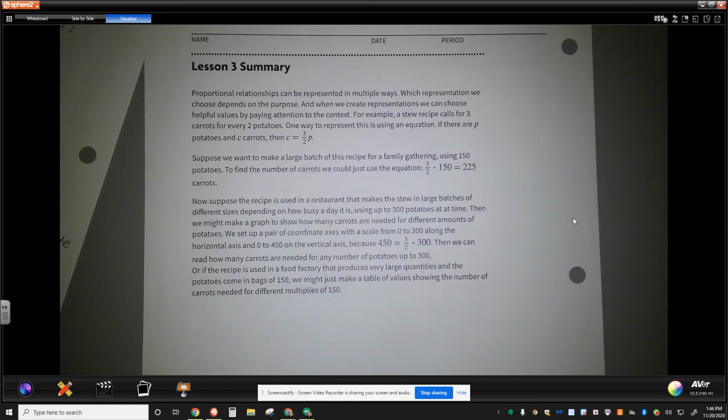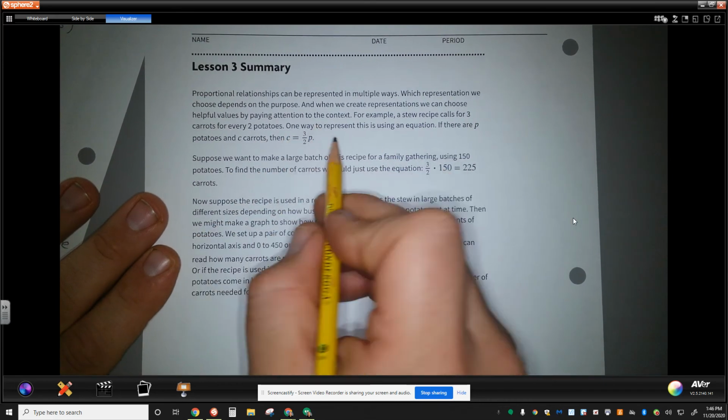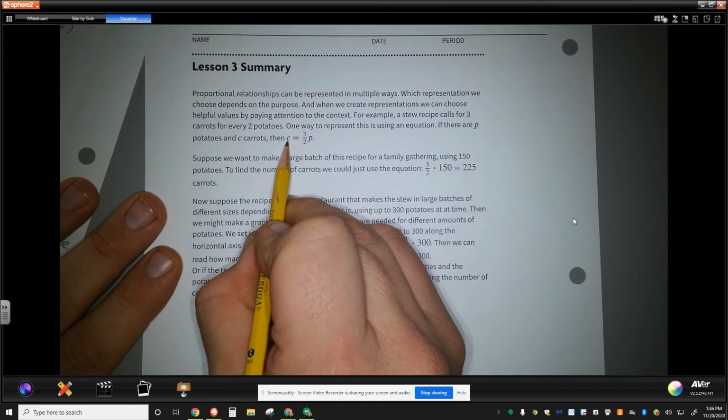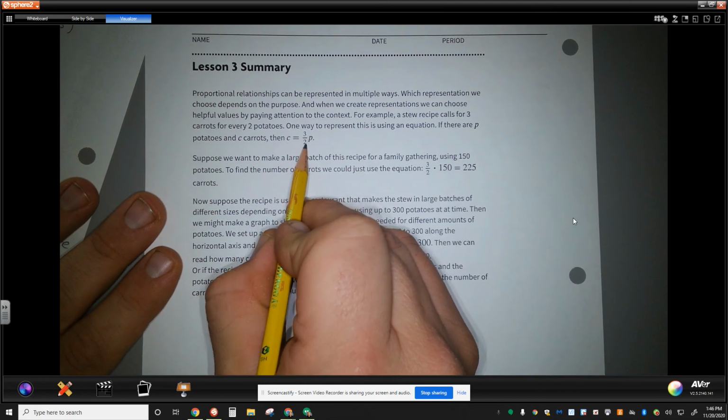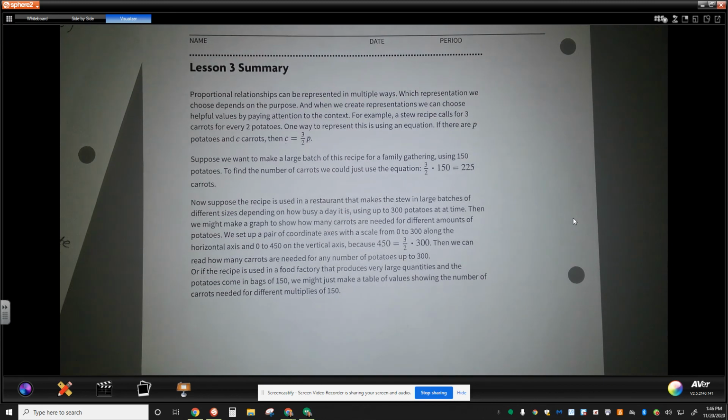It says a stew recipe calls for 3 carrots and 2 potatoes. Well, that's kind of cool. What that means is that we have a ratio of 3 carrots to every 2 potatoes. And one way to represent this is with an equation. So we say that the number of carrots is always going to be equal to 3 over 2, or our ratio 3 to 2 of the potatoes. So it's going to be 1.5 carrots for every potato that we put in there.